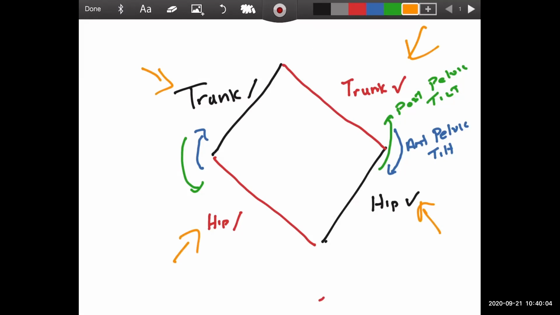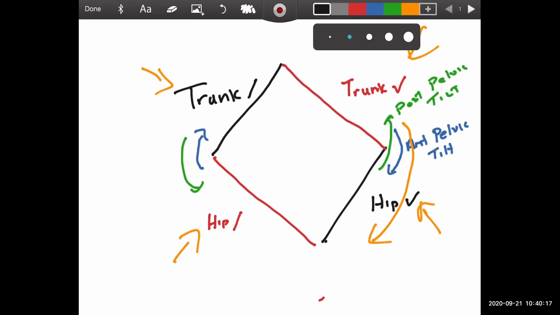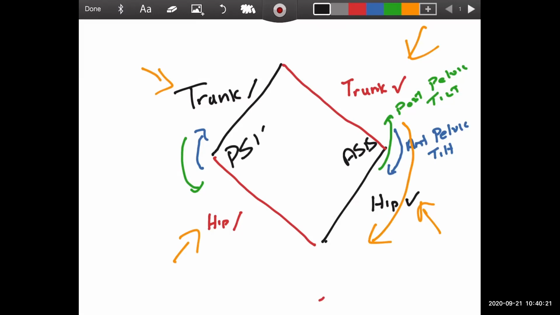So if the patient goes into anterior pelvic tilt, right, the ASIS is going down. Here's our ASIS, here's our PSIS. If they're going into that anterior pelvic tilt, this is going to come down, so the ASIS is going to drop down.